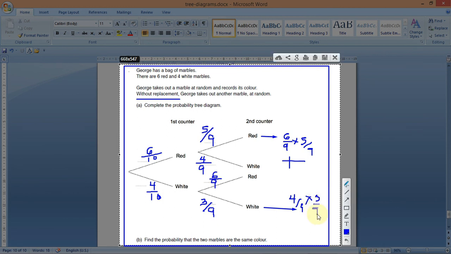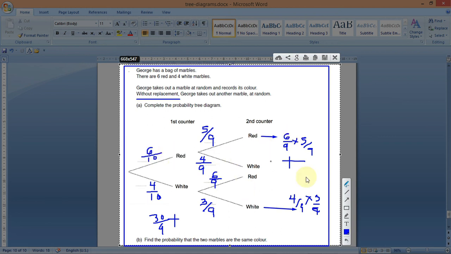I promise you not to use the calculator again. So 6 times 5 is 30, so that is 30 out of 9 plus... what am I doing? Why 6 out of 9?